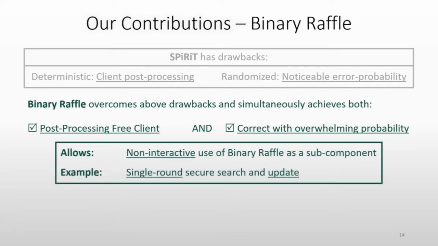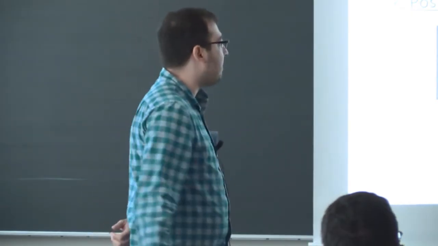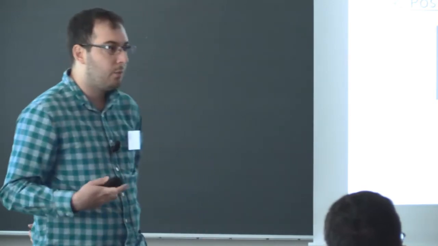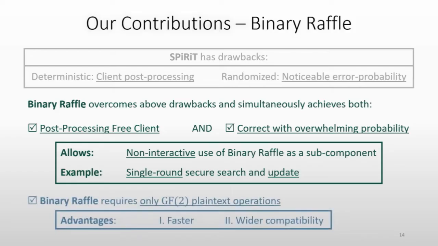Next, this allows us to do a non-interactive use of this protocol as some subcomponent in a larger computation done by the server. The straightforward example is a single round secure search with subsequent element update. An additional advantage is that binary ruffle requires operations only over binary plaintext. So this is faster and has a wider compatibility among FHE schemes and other different solutions.